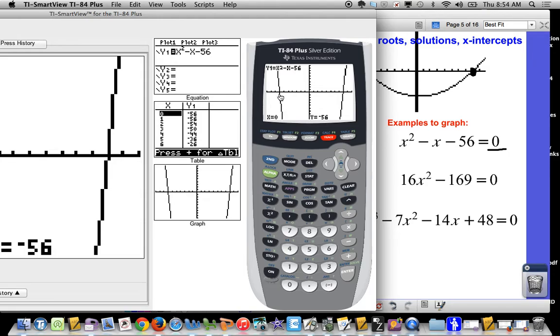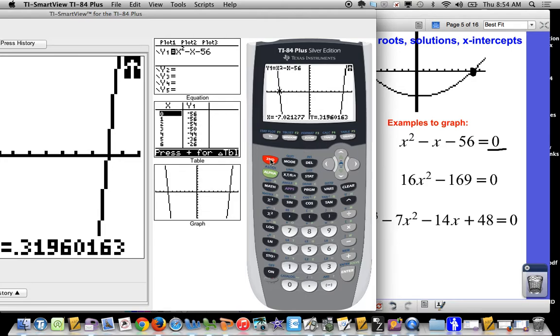So I'm going to go over here to the left side, and I'm going to move my blinky, and as you watch, the x and y coordinates are going to change as I try to move the blinky over by my x-intercept. There it is. Okay, so I like to get the blinky close to the x-intercept, and then in blue here you have an option for calculate.